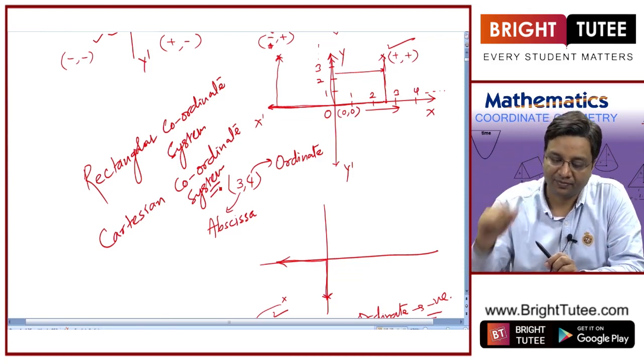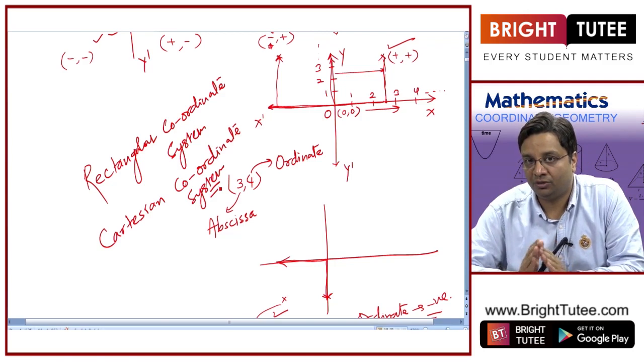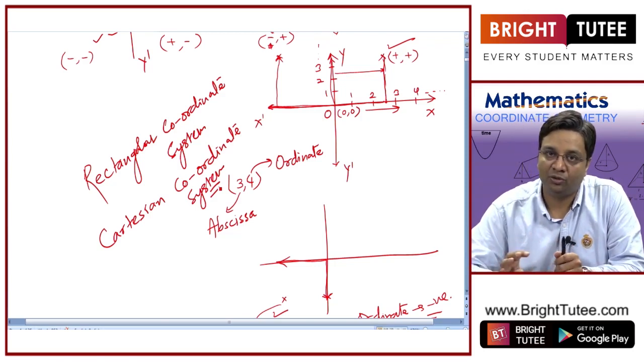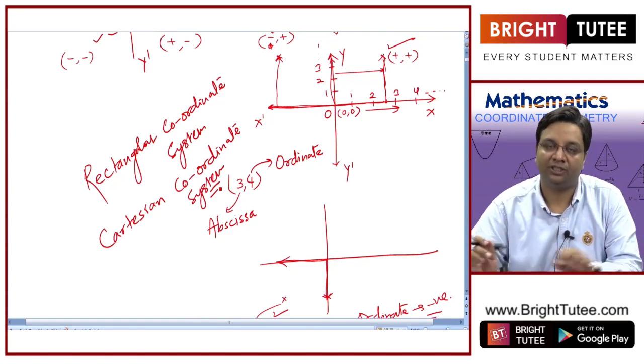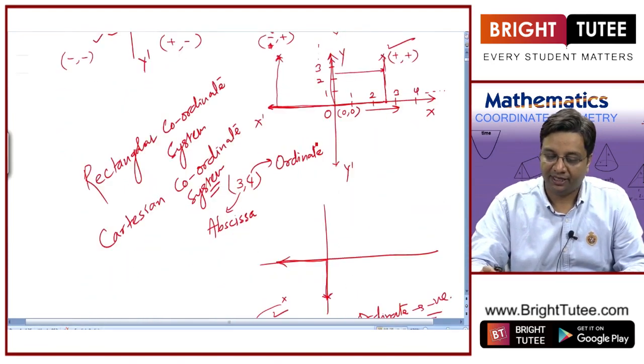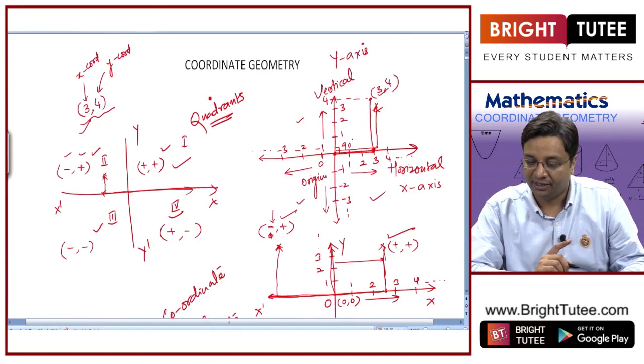right? Second thing you understand is how this coordinate system divides the plane in 4 quadrants, and you know the sign of coordinates in all the quadrants: positive, positive; negative, positive; negative, negative; and then positive, negative in the 4th quadrant, right?